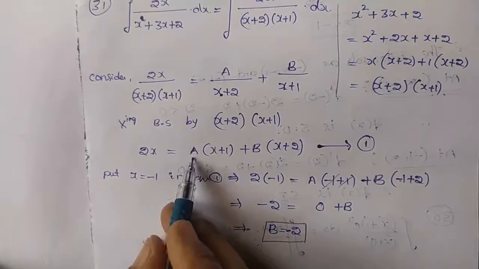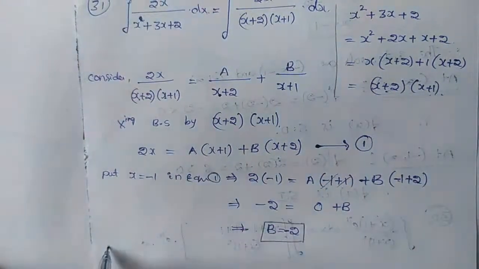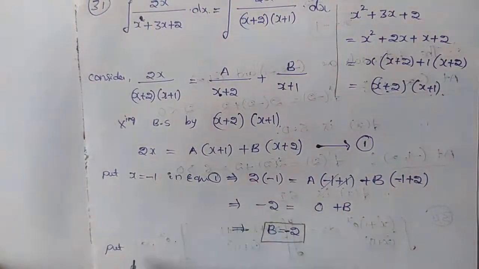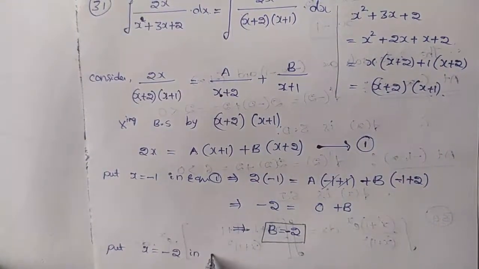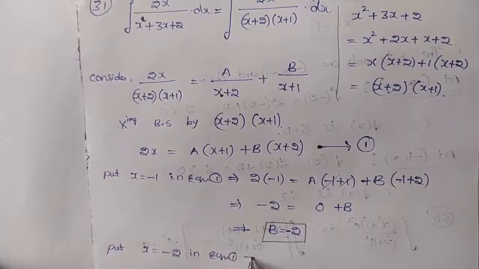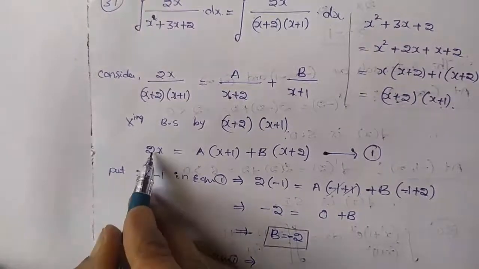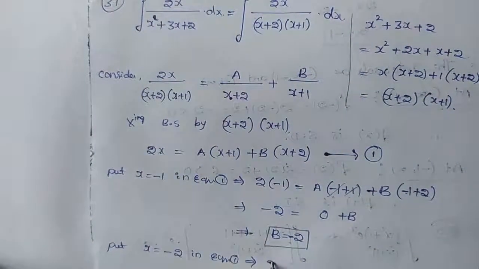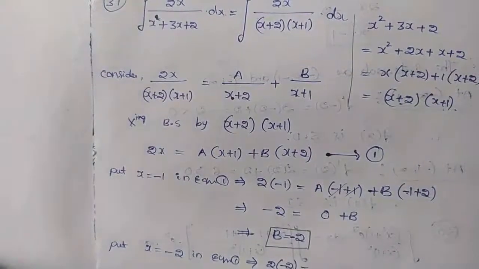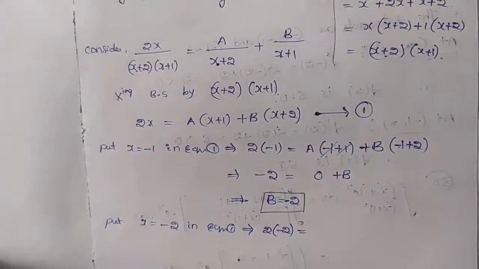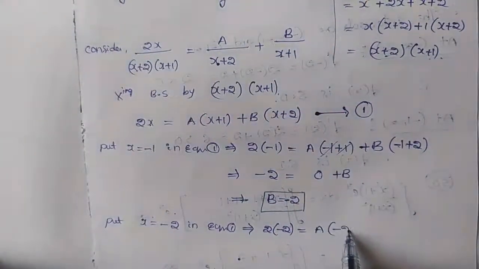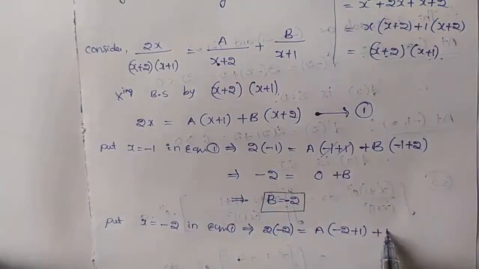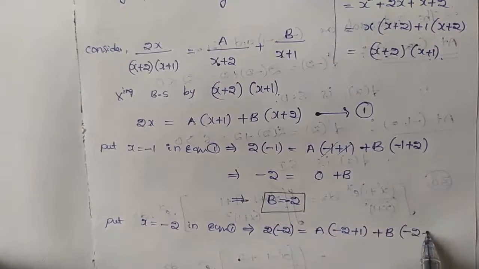Next, we found the value of B. Let us find the value of A. Let us put x equal to minus 2 in equation 1. 2 into minus 2 equals A into minus 2 plus 1, plus B into minus 2 plus 2.